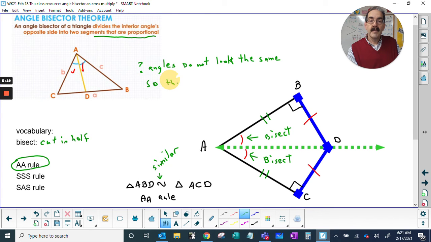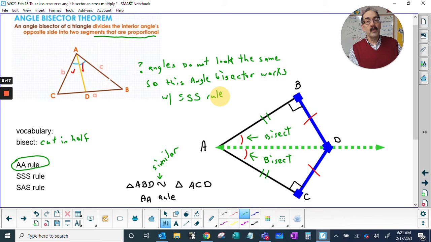So this angle bisector works with the side rule once we know that we bisected the angle.